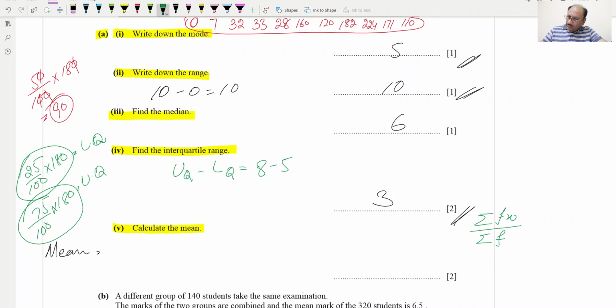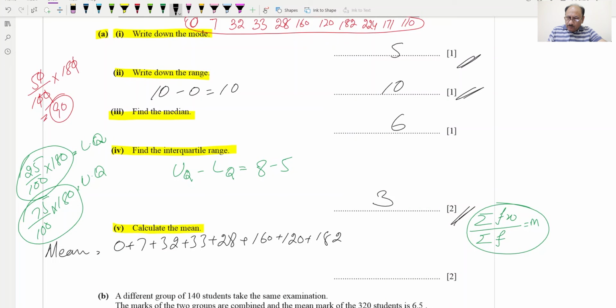This is the formula for the mean which we are applying over here. So this will be 0 plus 7 plus 32 plus 33 plus 28 plus, sorry, 160 we missed, 160 plus 120 plus 182 plus 224 plus 171 plus 110.